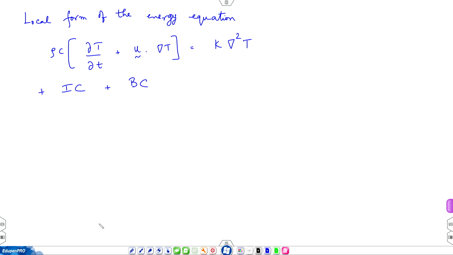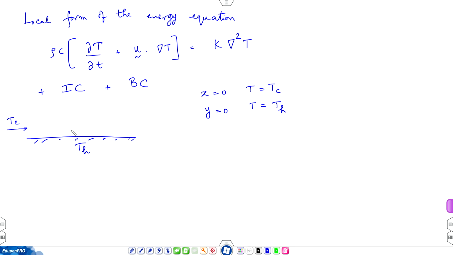Okay. So, suppose you have this problem, this is T c, this is T h. So, hot surface. The boundary conditions would be, let us say x equal to 0, t equal to T c, y equal to 0, t is equal to T h.